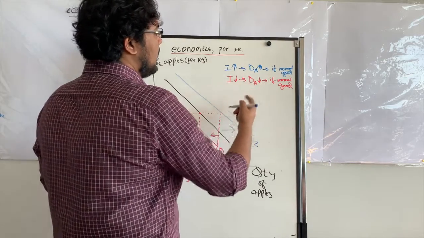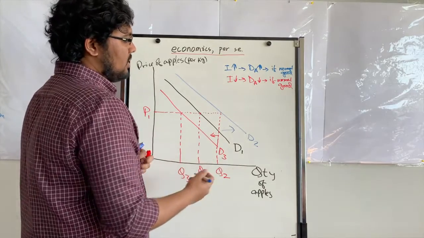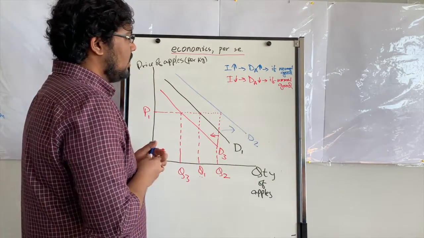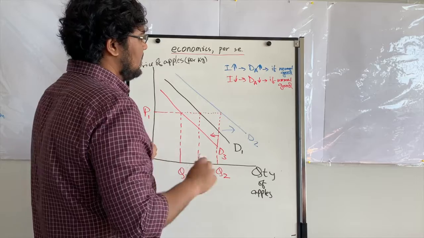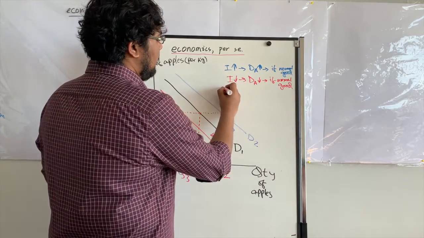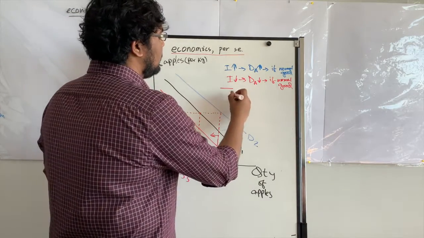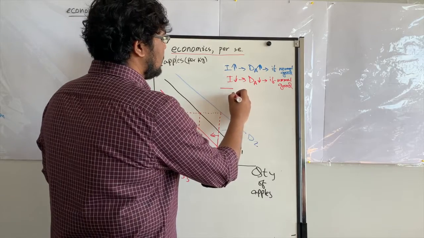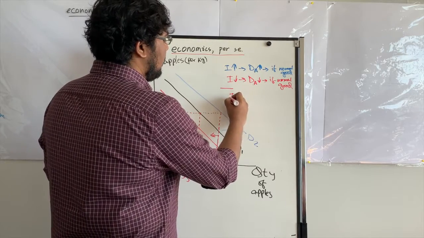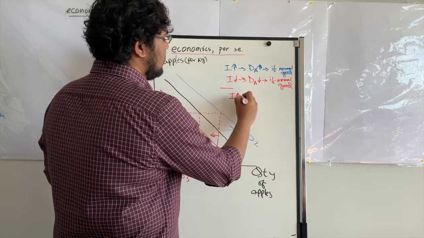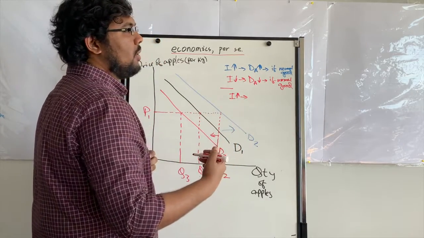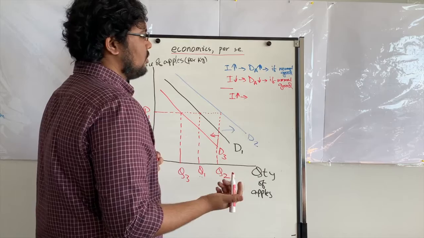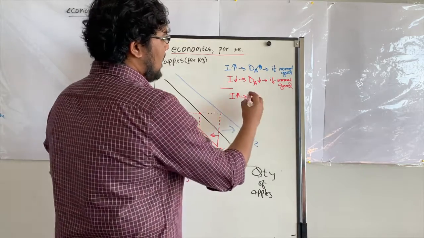Now, if apple was an inferior good to you, then the second set of conditions will apply. If income increases, then you will switch to a better product, let's say apple juice or something else.